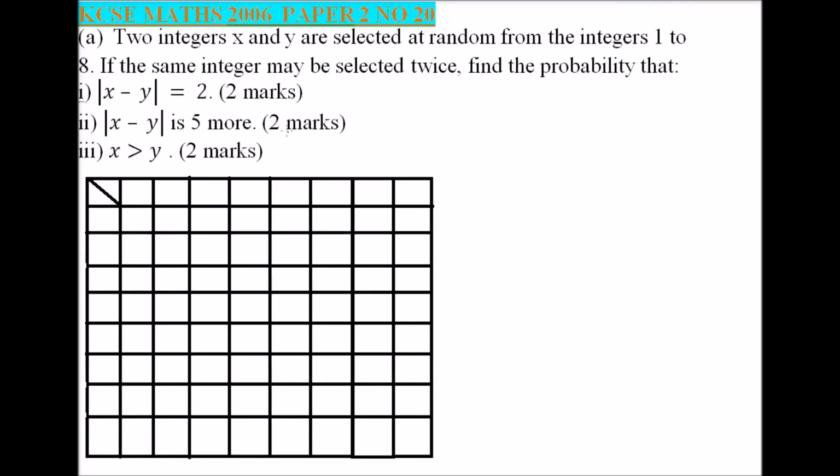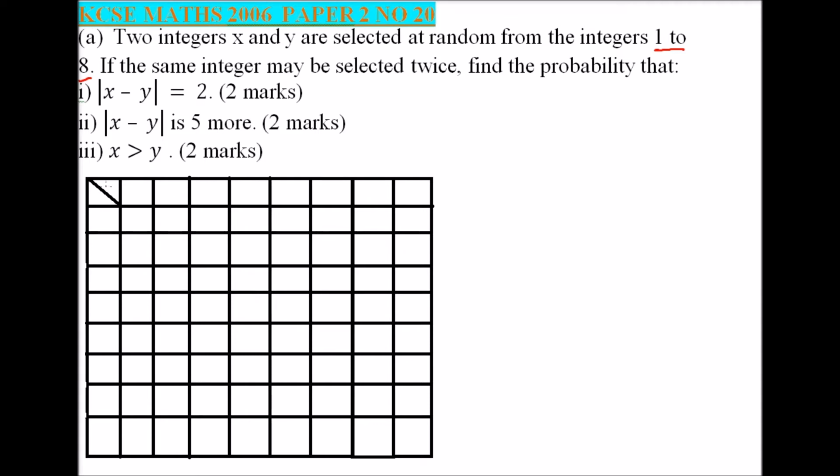In this part, since we are told that the integers were selected from 1 to 8, I have already inserted my table for my convenience. But when you are doing it, you can just use your free hand to draw the table so that you save time.